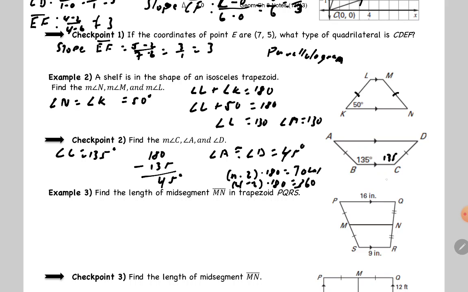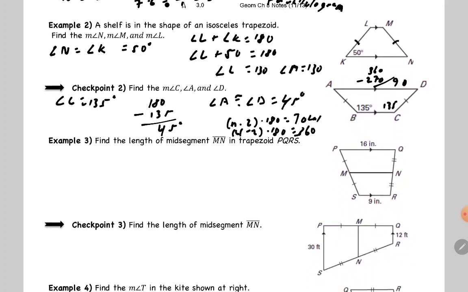And then we would subtract 360 minus 135 times 2, which is 270, which would give us 90. And since there's 90 degrees left over and there's two angles that we know are congruent, we would split that in half and get our 45.